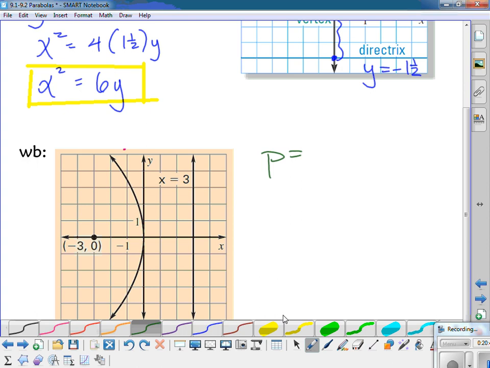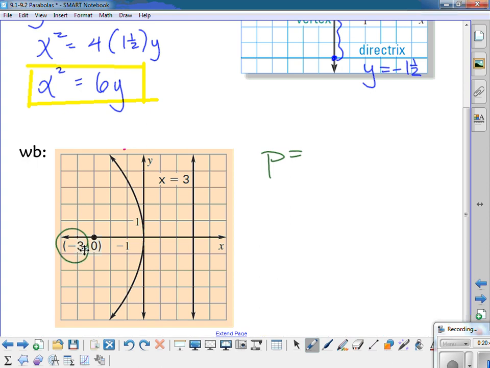We're going in the negative direction, aren't we? So right there is my p, -3. And it's horizontal, so it's y squared equals 4px. Oops, that's not an x. So what's 4 times -3? -12. So it's y squared equals -12x.